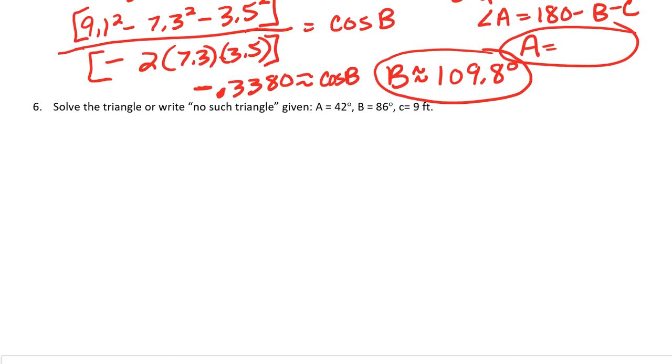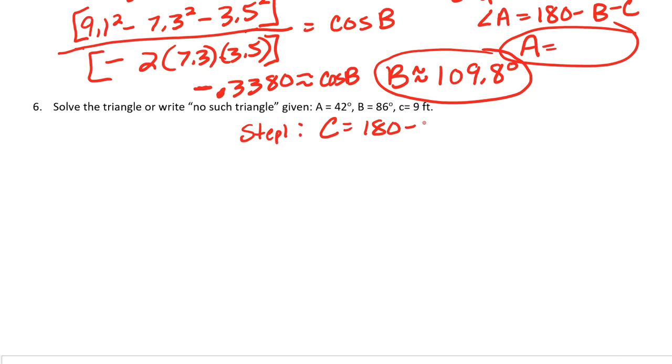All right, in question number 6, now we have 2 angles, A and B, and we have a side C. So it looks like we can't do law of sines because we don't have a small letter that pairs up with a capital letter. But don't be deceived. If you know two angles of a triangle, then don't you know the third angle as well?